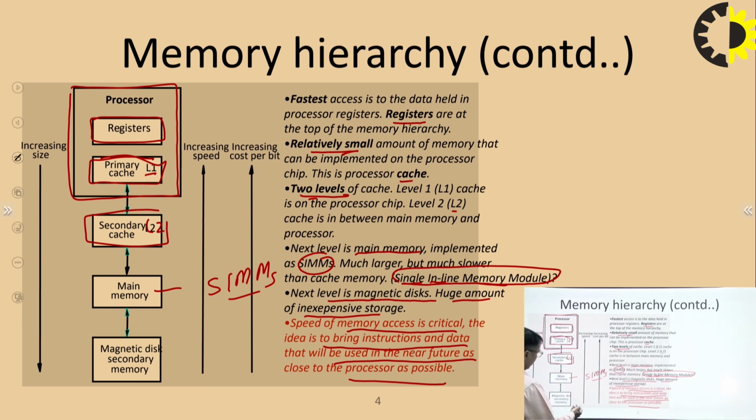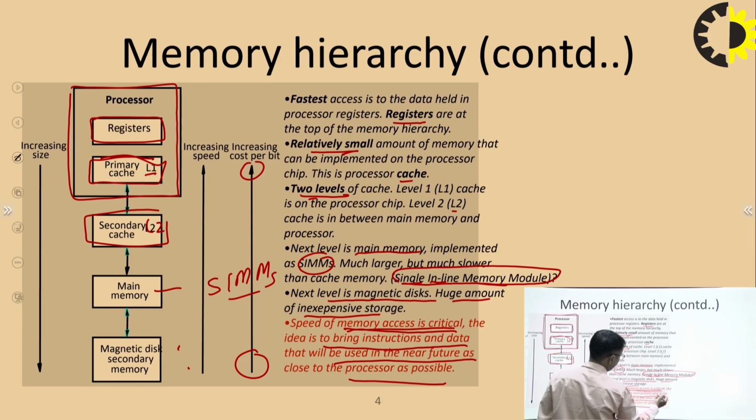If we see this diagram, in this space the cost per bit is low, but here the cost per bit is very high. So we can put the data that is very critical to access in the particular memory.